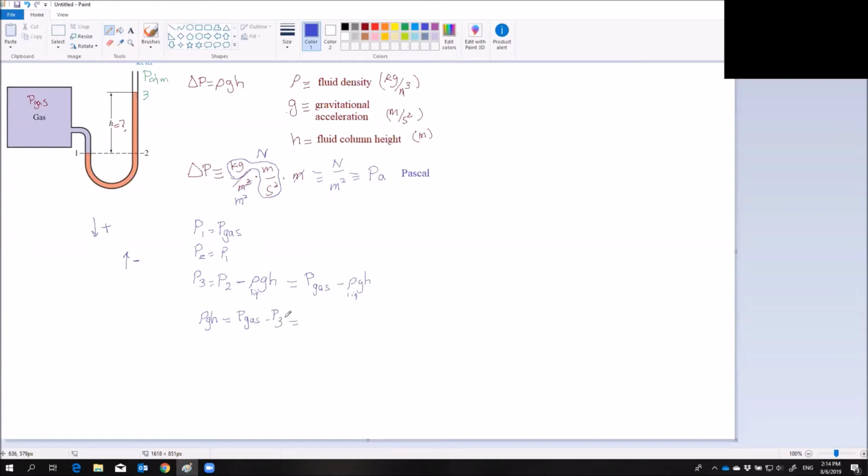And remember that P3 is equal to atmospheric pressure, so it's going to be P gas minus atmospheric pressure. So H can be easily calculated from P gas minus P atmosphere over rho times G.